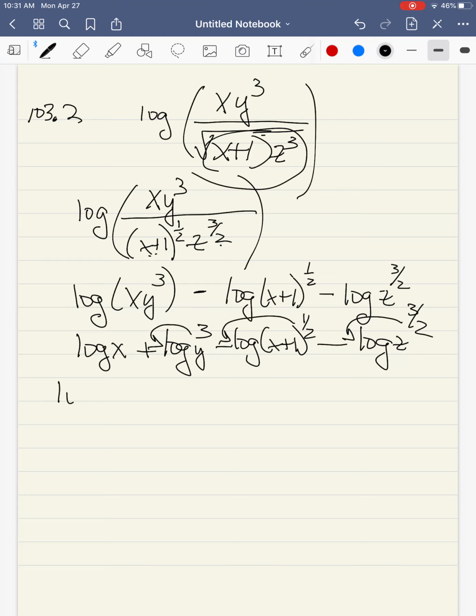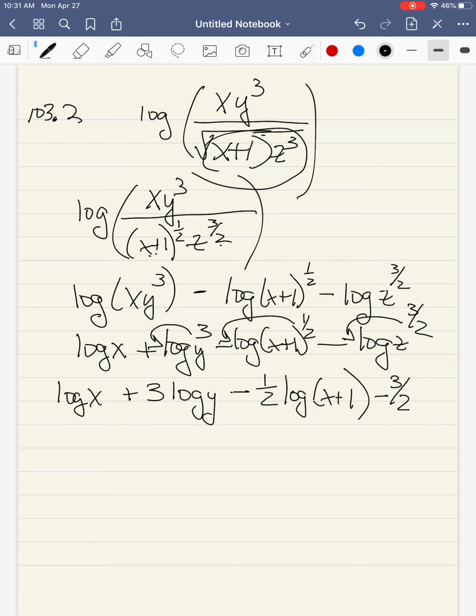So this will be log of x plus 3 log of y minus 1/2 times the log of (x plus 1) minus 3/2 times the log of z. All right, so we shrunk one down and we expanded the other.